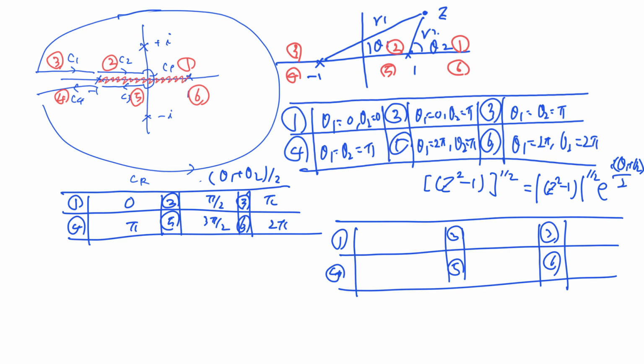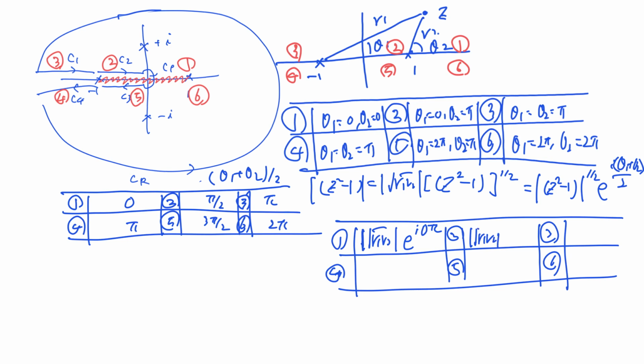So I'm going to say the absolute value of z squared minus 1, right? So this is the absolute value of the square root of r1 r2, exponential i 0 pi, right? How about 2?